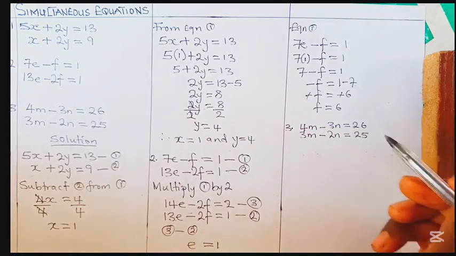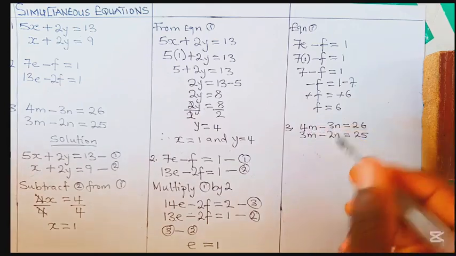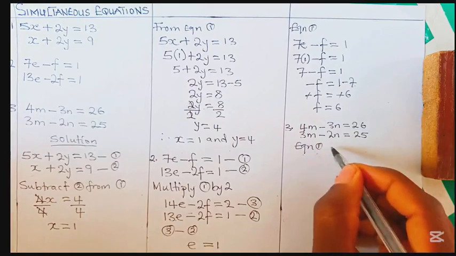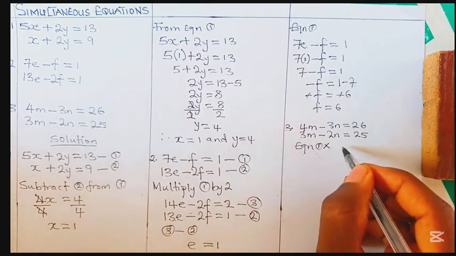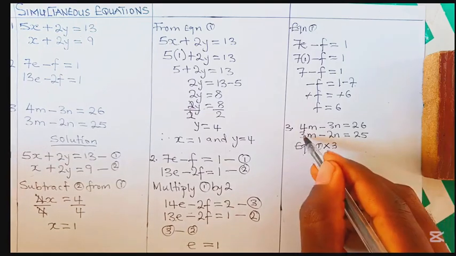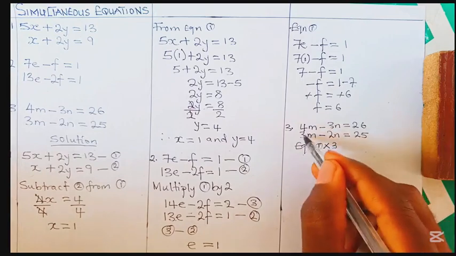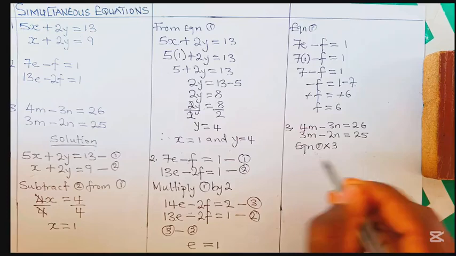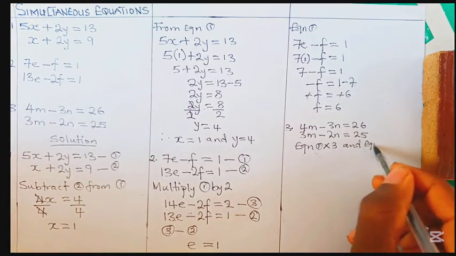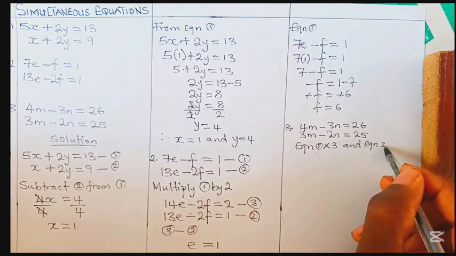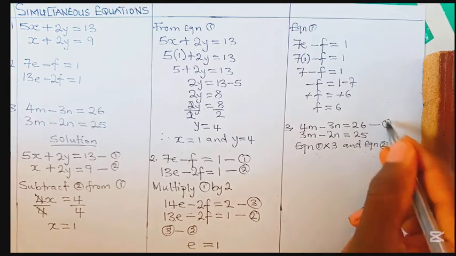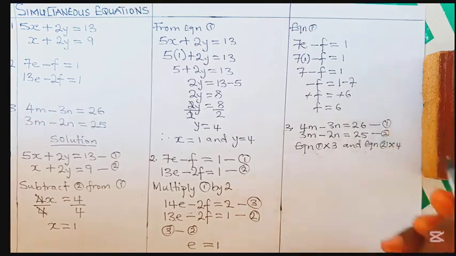So what we are doing is we are multiplying equation 1 by 3, and equation 2 by 4. So this is equation 1 and this is equation 2.